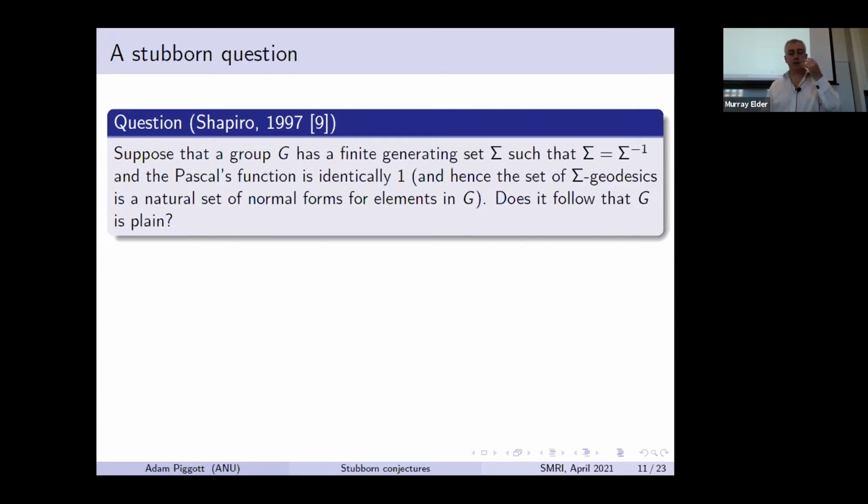So unique geodesics. Shapiro asked, are these the only groups for which we can find Cayley graphs where Pascal's function is identical to 1? He pointed out that it was clear you could do it for the plane groups, but are these the only groups we can do it for?